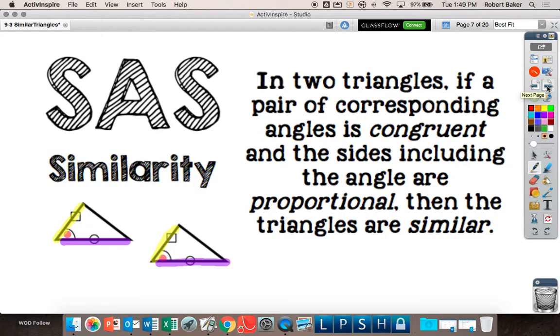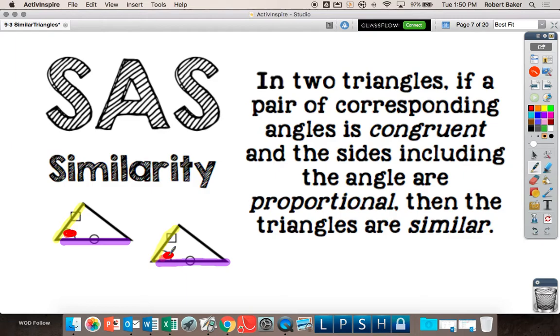Right? Side angle side. We did this shortcut with congruence. If a pair of corresponding angles is congruent and the sides, including the angle, are proportional, then the triangles are similar. So it has to be side, angle, side, and the angle has to be between the 2 proportional sides.